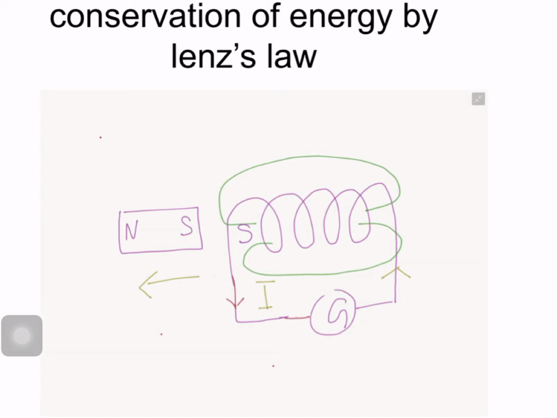The work done on the bar magnet is converted into heat energy during the motion. During the motion of the coil towards the bar magnet, some heat energy is produced in the coil. So the work done on the magnet is converted into heat energy. This also explains the conservation of energy by Lenz law.